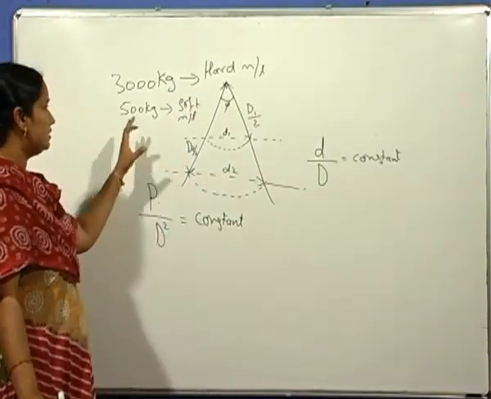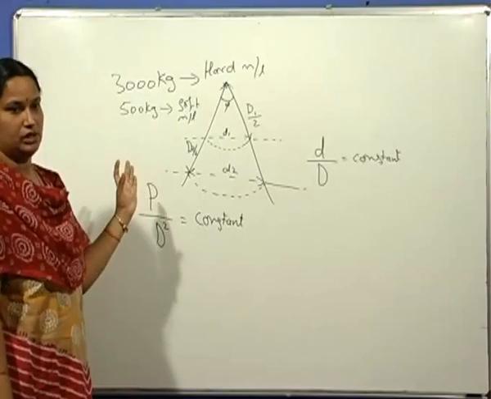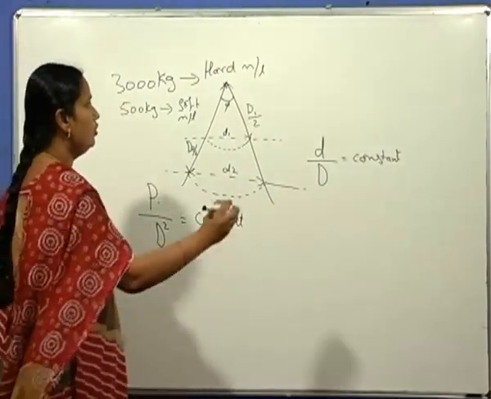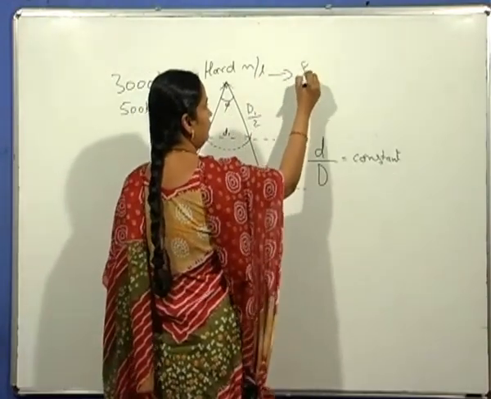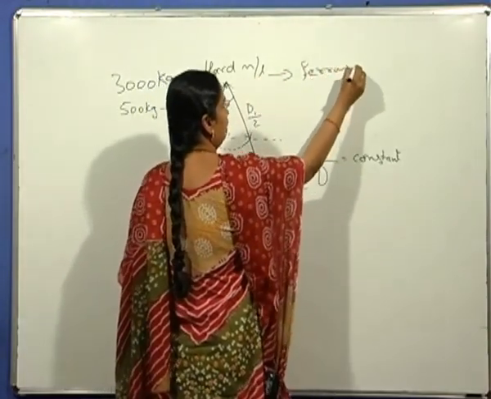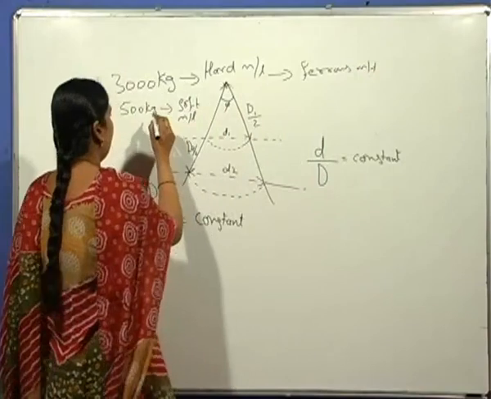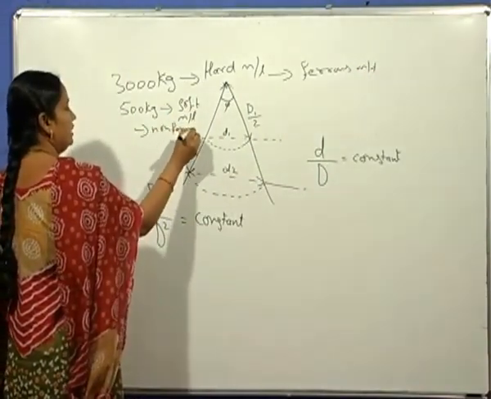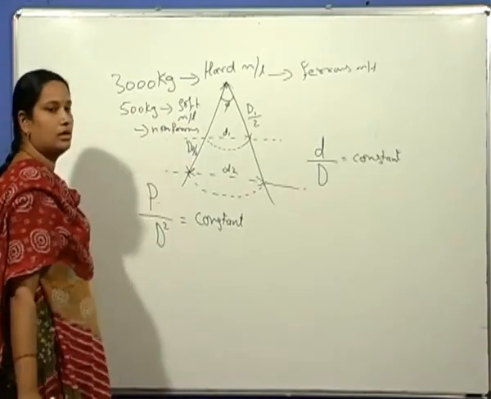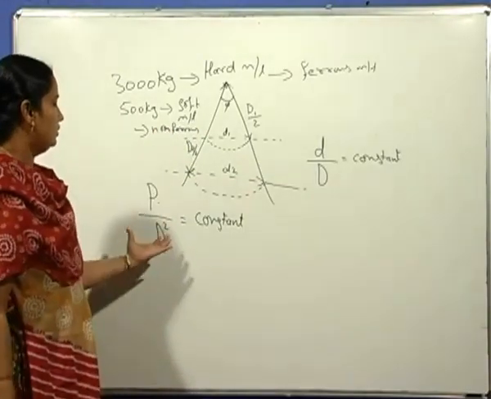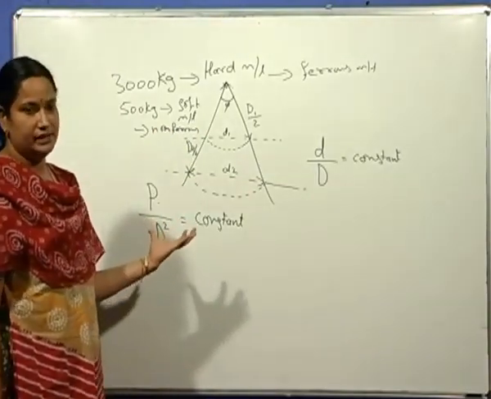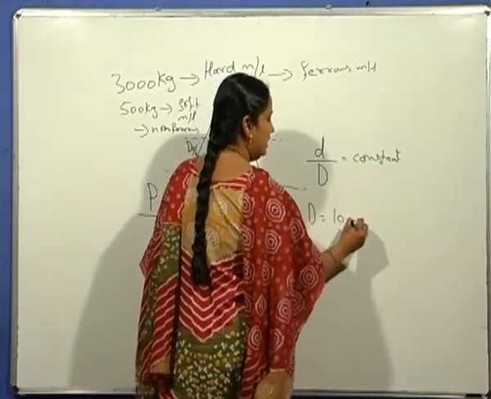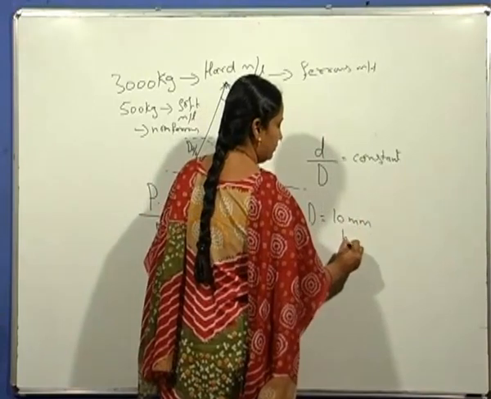So these are the standard loads that are used for Brinell hardness. 3000 kg for hard materials, examples of ferrous materials or ferrous alloys, and 500 kg for non-ferrous materials. And the diameter of the indenter is about 10 mm, which is a hardened steel ball.